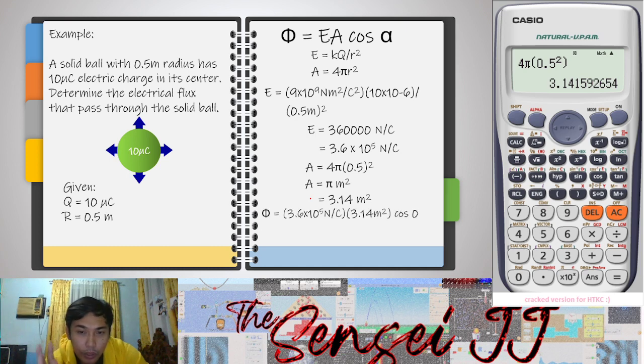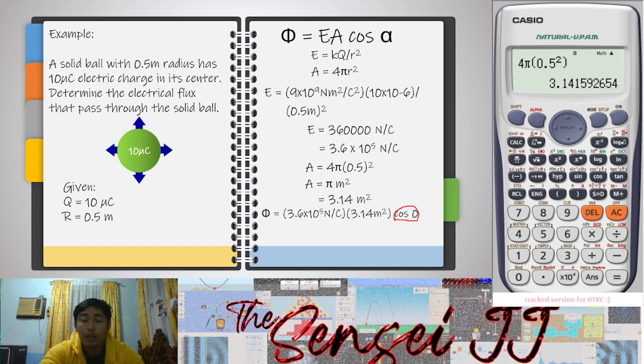And with that, we can solve for our flux, phi E. So as you can see, we have here 3.6 times 10 raised to 5 Newton per Coulomb, multiplied to our 3.14 square meter, cosine 0. Cosine 0 because anywhere on our circle, when the electric field line passes through, it is perpendicular anywhere.